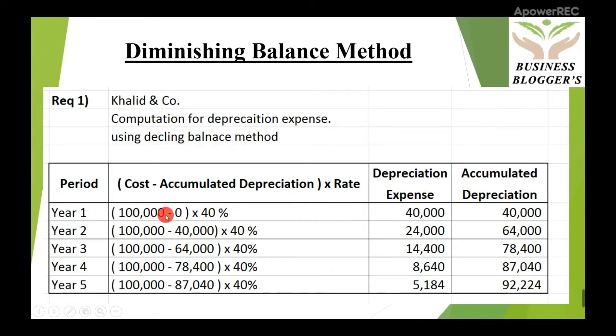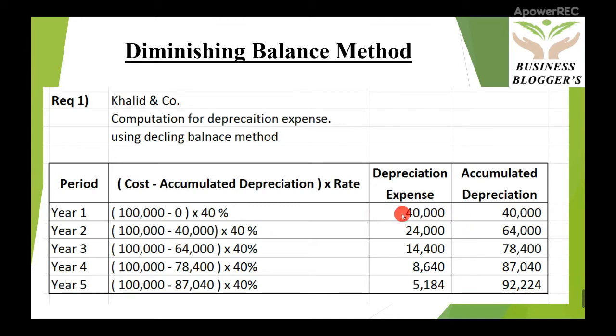First of all, we put in all values as per our formula requirements. The cost is 1 lakh rupees and the accumulated depreciation currently is 0, multiplied by the rate. The rate is given in our example. Point to be noted: what is accumulated depreciation? If we add our depreciation expense of all previous years, it is called accumulated depreciation.